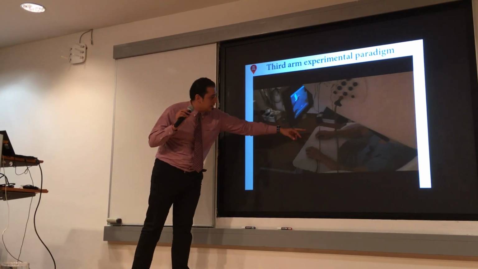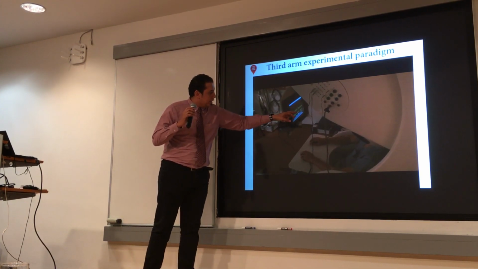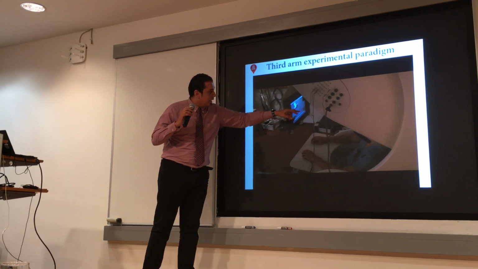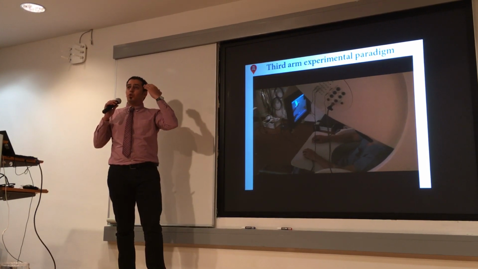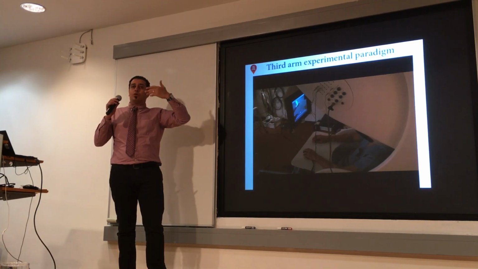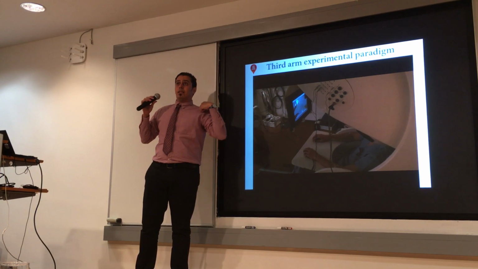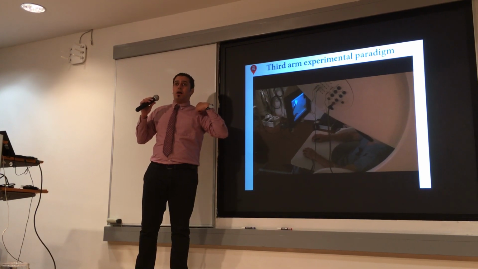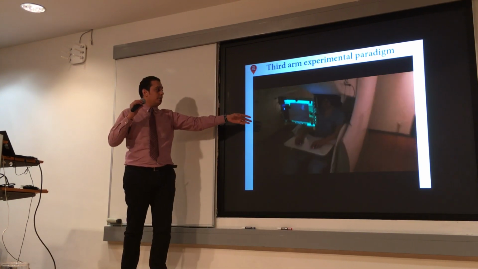So you can see here the subject, he has to play here. There is a ball inside and he is playing, and there is the third arm. We are asking the subject to imagine, kind of goal-oriented, that this hand is one part of his hand, and he is trying to grasp that bottle.